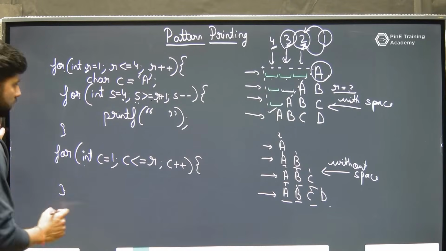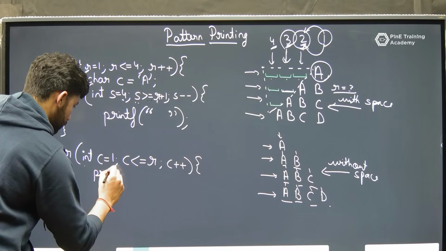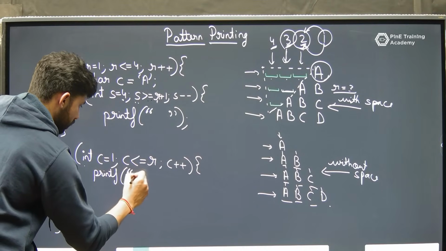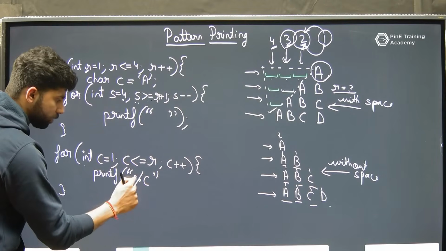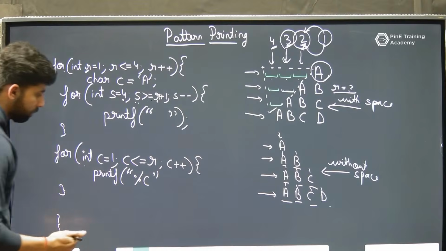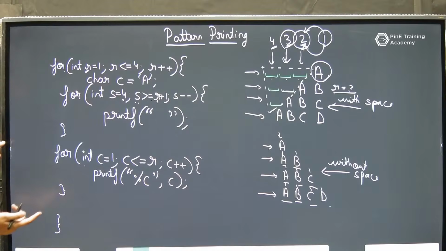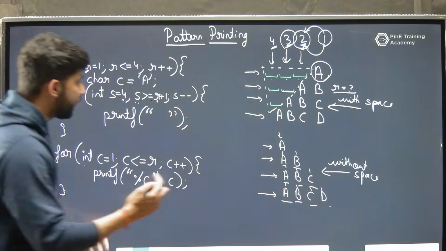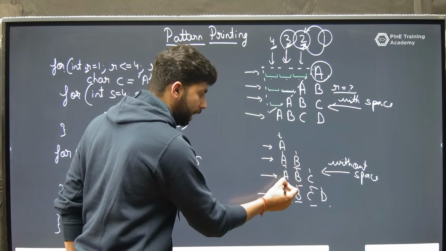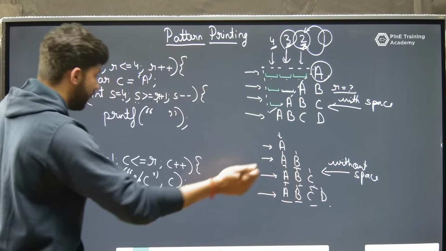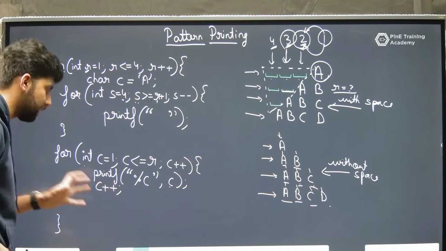And I'll simply print that character. For character, we use the %c format specifier, and we will print that particular character. But that character should be incremented as well. From A, we are going to B, then C. So after printing the character, we will do c++.